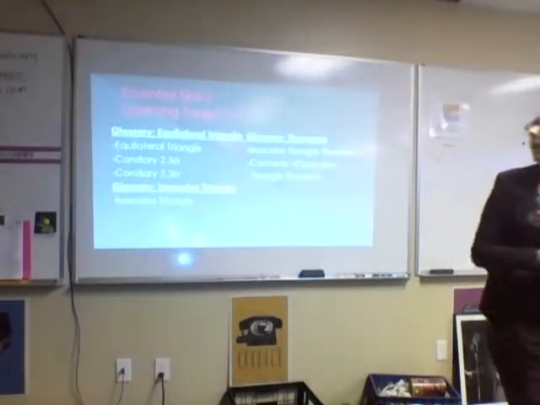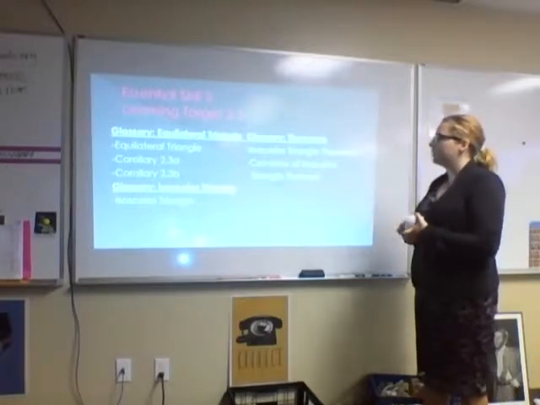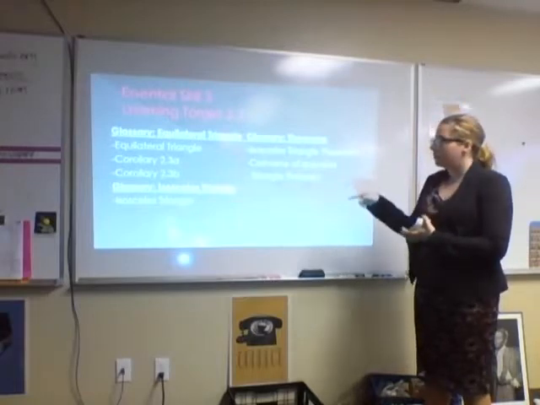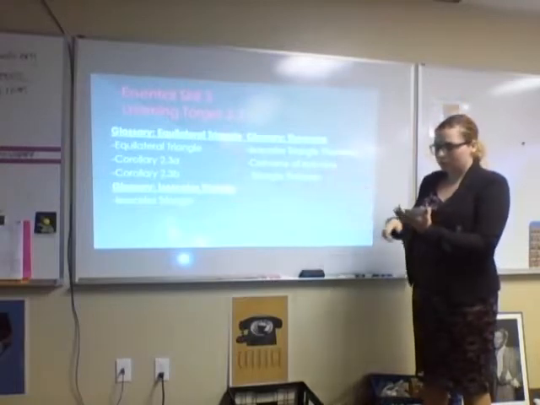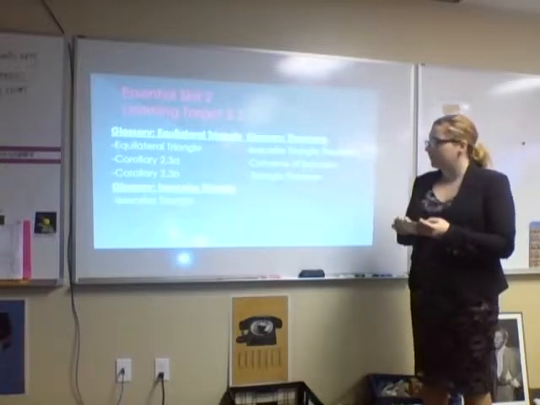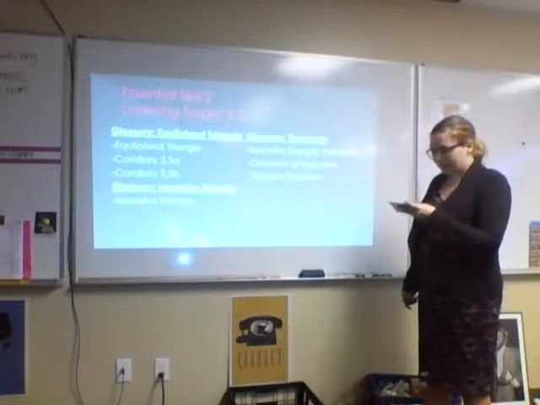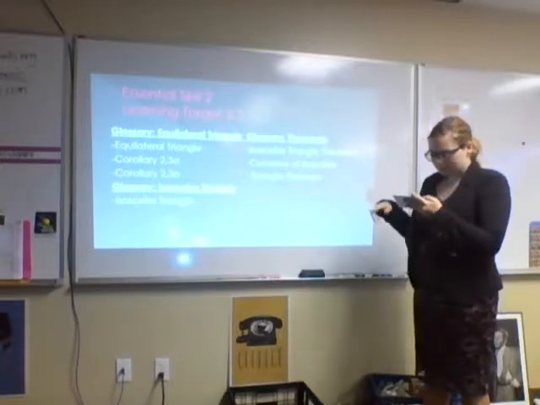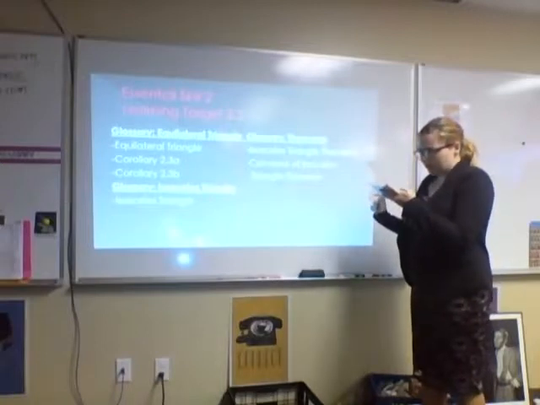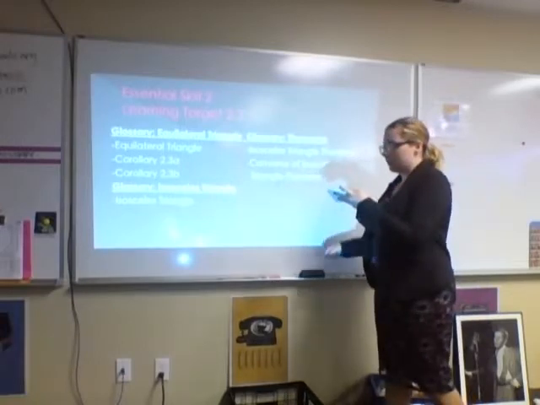The next essential skill I did was 2.3, but the learning target was 2.3. There was more vocabulary for this one. An equilateral triangle has 3 congruent sides. Corollary 2.3a is a triangle that is an equilateral triangle is only an equilateral triangle.